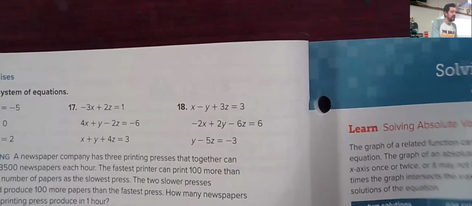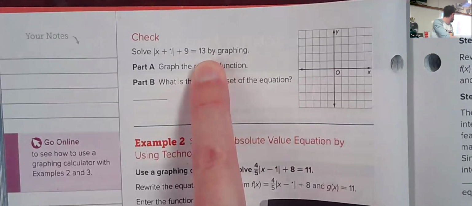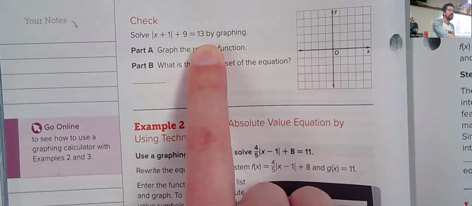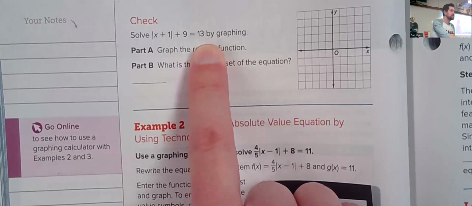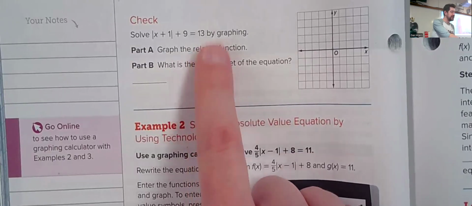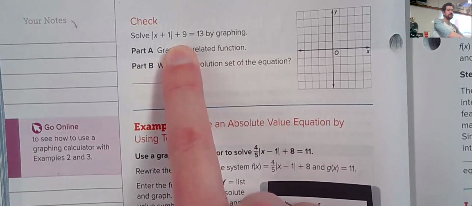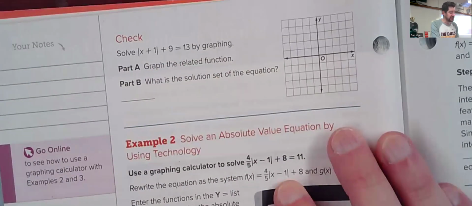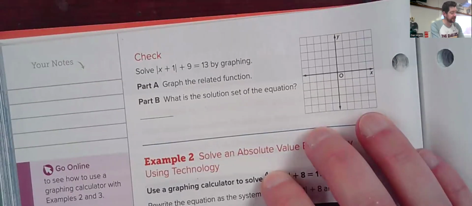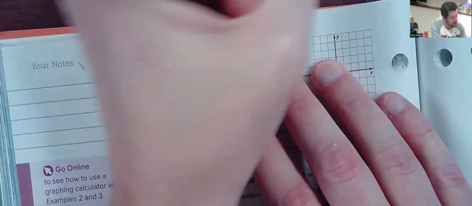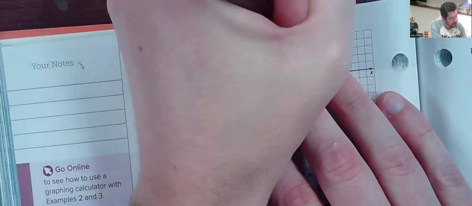We need to subtract 13 from both sides, right? To get 0 over here, we need to subtract 13. So what is 9 minus 13? -4. Okay. So the first option for the related function is f of x equals the absolute value of x plus 1 minus 4.